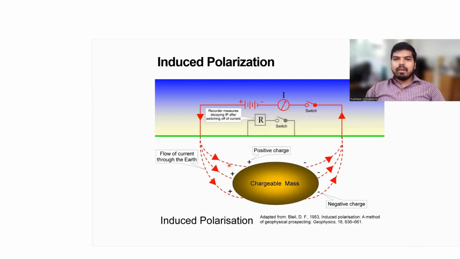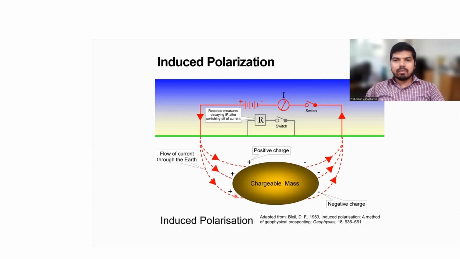This is the case of induced polarization: positive and negative charges gather on the surface of the chargeable mass when the power supply is cut, or the electric current is stopped.